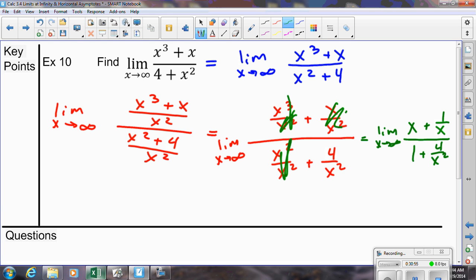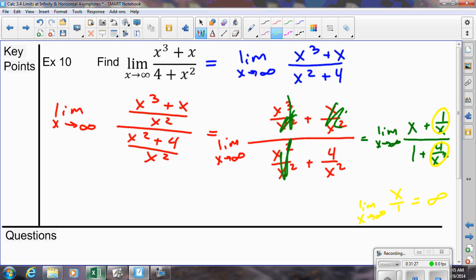All right, so when we try direct substitution for our limit, 1 over x is 0, 4 over x squared is 0. So we're taking the limit of x over 1, and that's infinity.